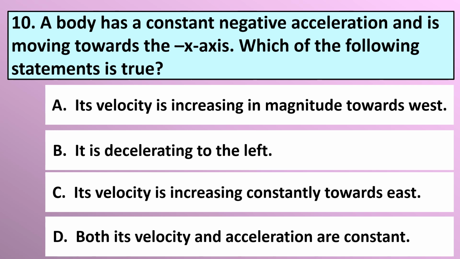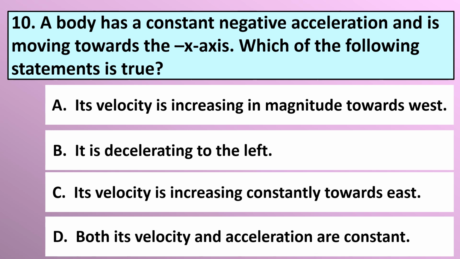Now for letter C, the velocity is increasing constantly towards east, meaning that the body is actually speeding up towards the east direction, meaning the positive x direction.